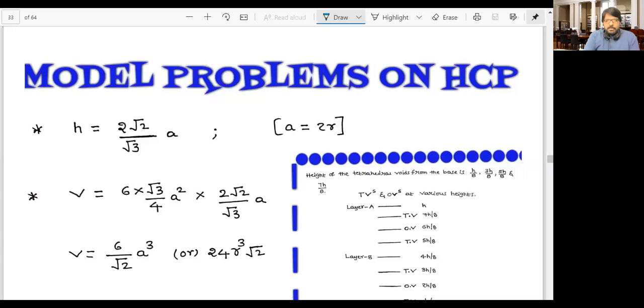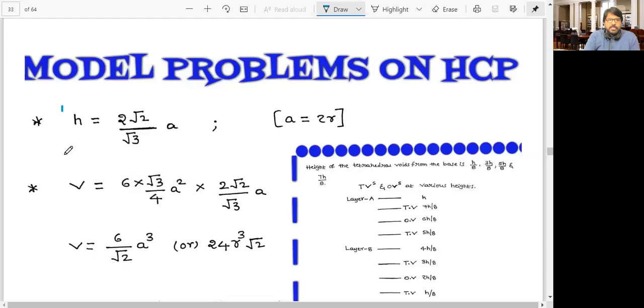In case of these HCP unit cells, here is the information you need to remember while solving problems. If you can recollect one simple formula, most of the questions can be solved easily. What is that formula? That is the height of the hexagon.